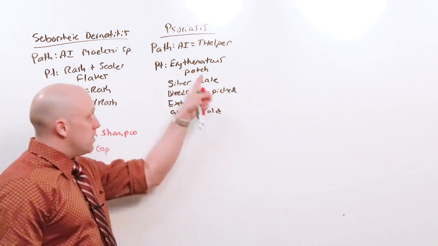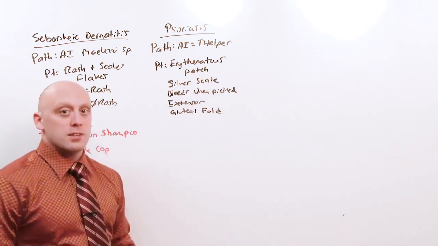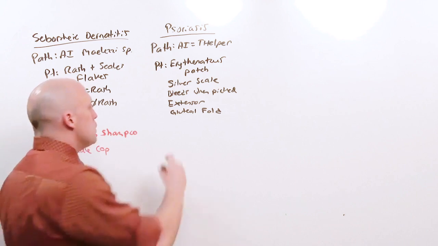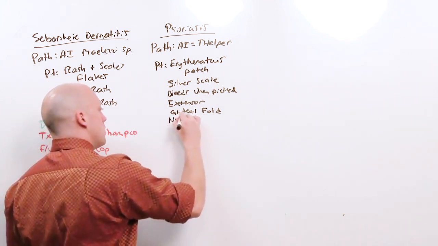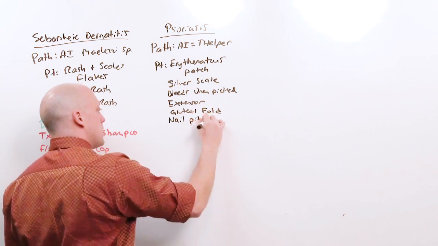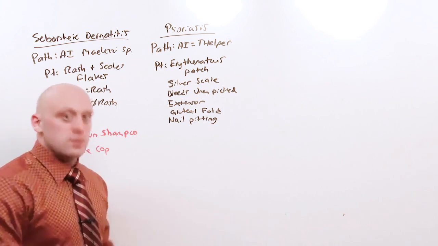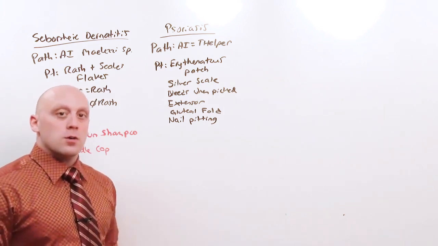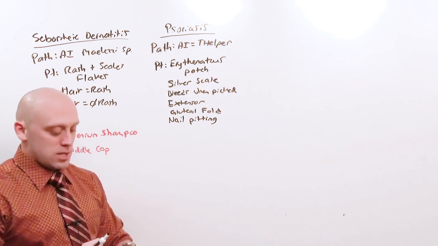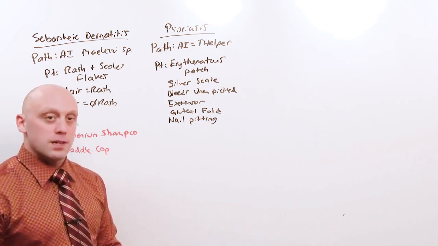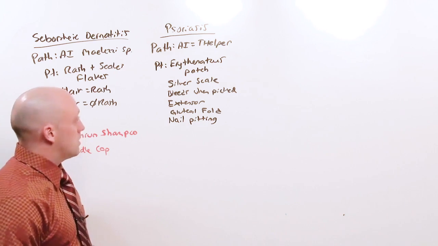It's going to be red and then have a silver scale on it. If you see nail pitting, that is a picture zoomed in on the nail bed with little holes in it, that's psoriasis. And onycholysis, that is the separation of the nail from the nail bed, is also indicative of psoriasis.